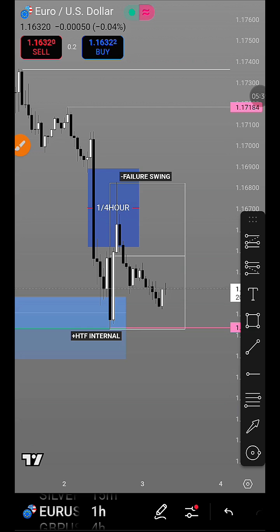So I want to see price return into premium. So I want to see price trade above there, and then after the price trades above there, I want to see it respect and then move down, taking that internal swing basically.